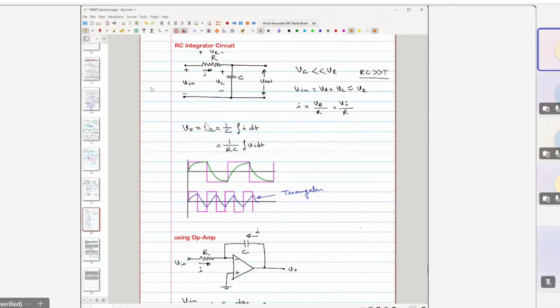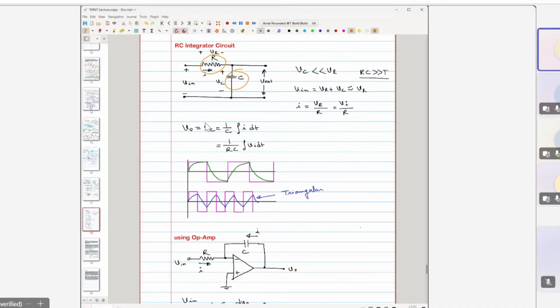The last one is this RC integrator circuit. Just replace, or interchange, the positions of R and C in the previous circuit, and that would give you an integrator circuit.